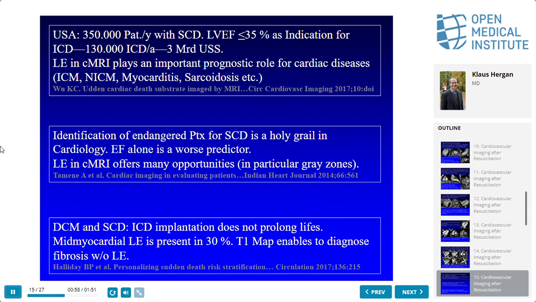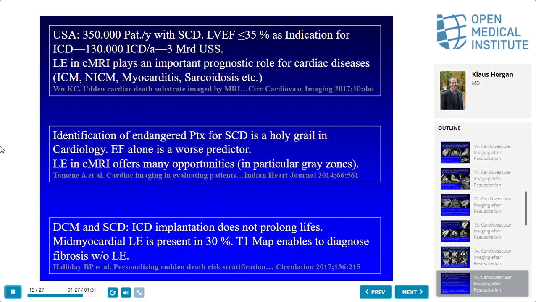The only thing the cardiologists are working with at this time is ejection fraction, and they don't use MRI or the gray zones as a tool in their guidelines. But I guess in some years it will change and late enhancement will be included in the guidelines, because the cardiac associations are changing them very quickly.